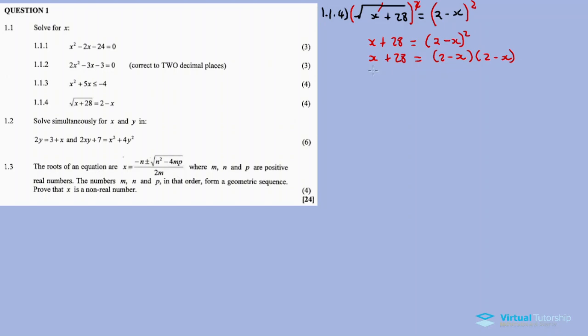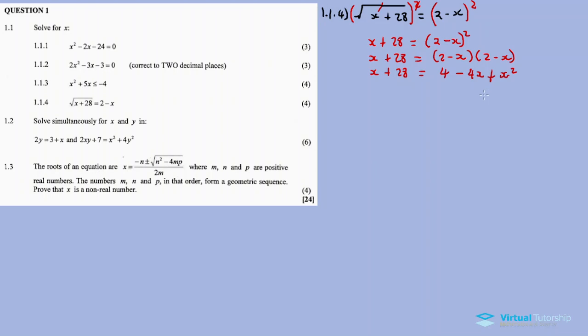Then we multiply these brackets: x plus 28 equal to 2 times 2 is 4, and then the middle term, 2 times minus x is minus 2x, and 2 times minus x is minus 2x. Now add them, minus 2x and minus 2x in total is minus 4x. Minus x times minus x is plus x squared.